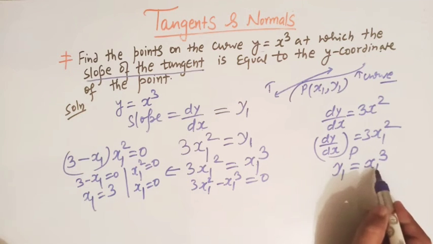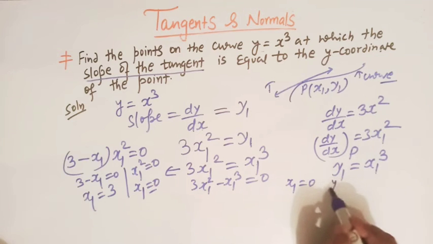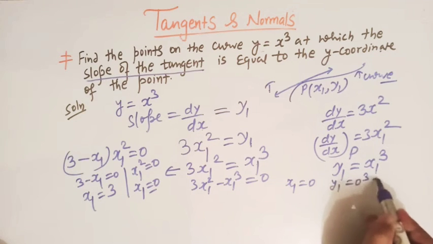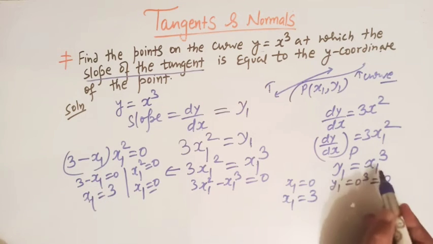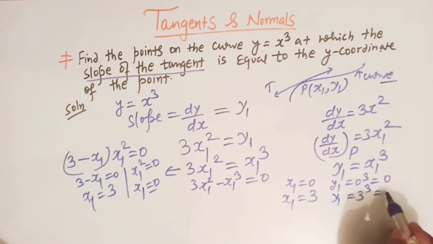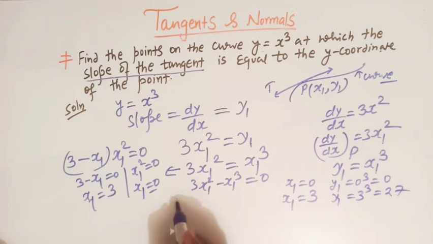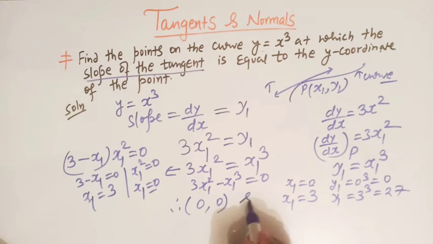If x1 is 0, y1 is also 0, 0 cube equal to 0. And when x1 is 3, y1 is equal to 3 cube, that is 27. So therefore the required points are (0, 0) and (3, 27).